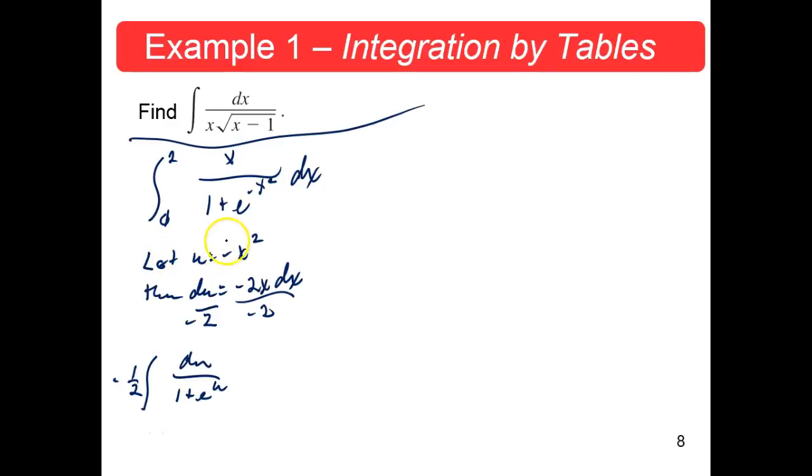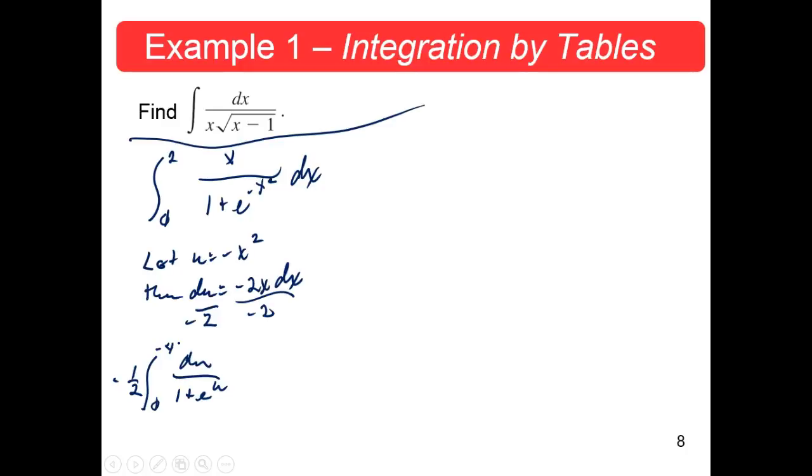If u was minus x squared, when x is 0, u would have been 0, okay? And if x was 2, u would have been -4.